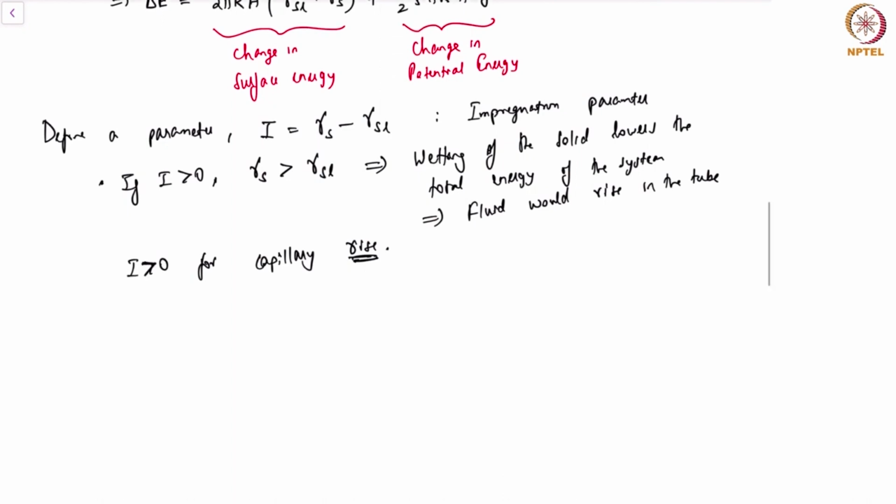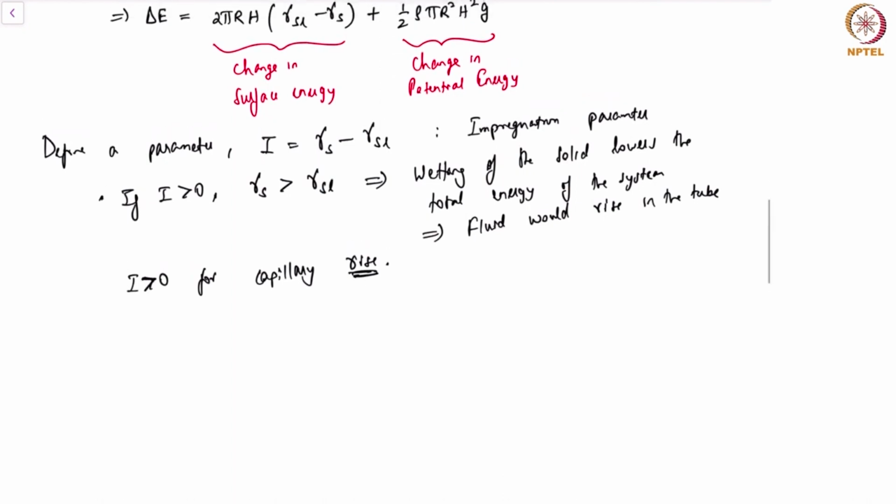Okay. Now, having defined I as gamma S minus gamma SL, I can go back to my expression for the energy, and the energy now becomes 2 pi r h times I plus half times rho pi r square h square times g.